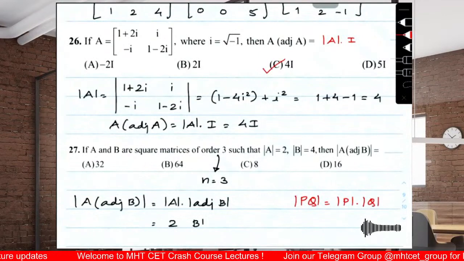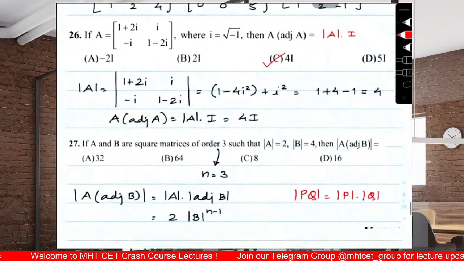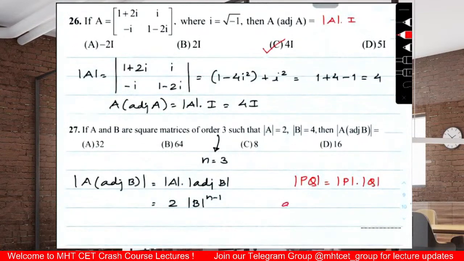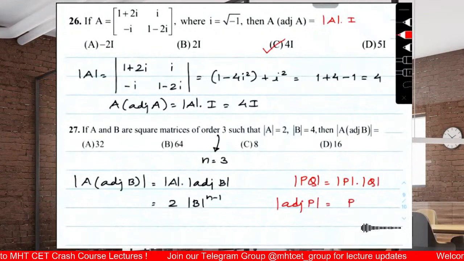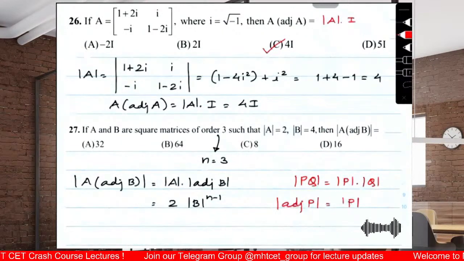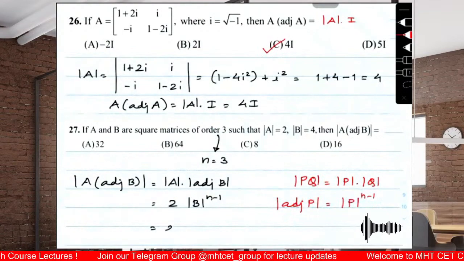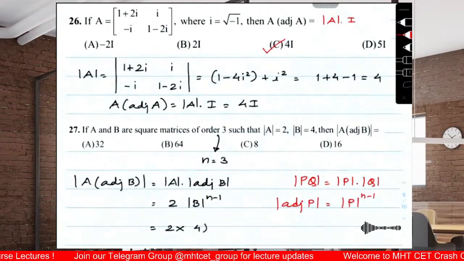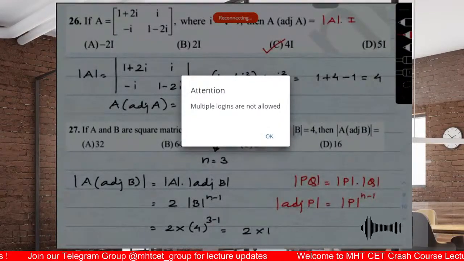Determinant of adjoint of B is determinant of B raised to n minus 1. Okay. Determinant of adjoint of P is determinant of P raised to n minus 1, when n is the order. So this is 2 into determinant of B, which is 4, raised to 3 minus 1. This is 2 into 16, that is 32.